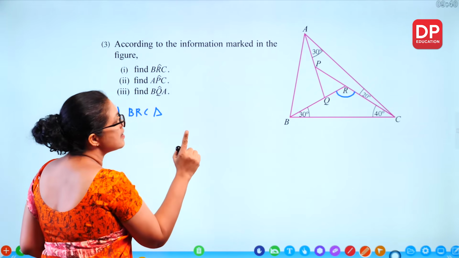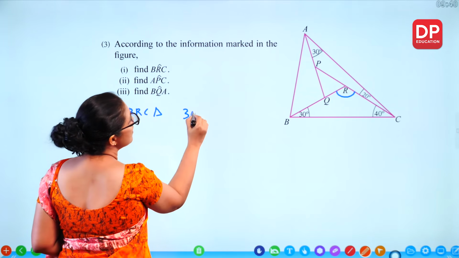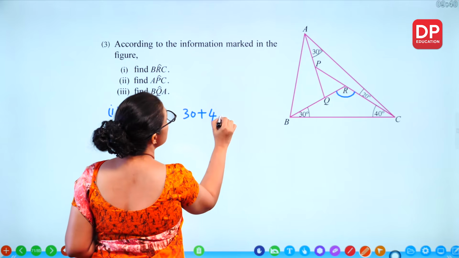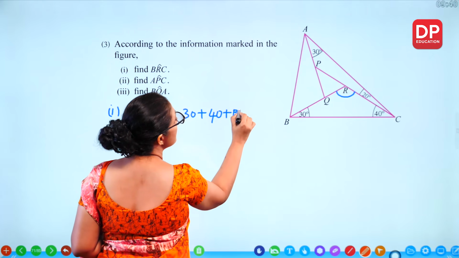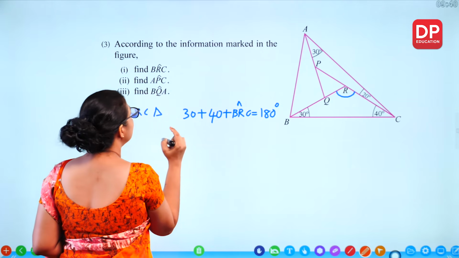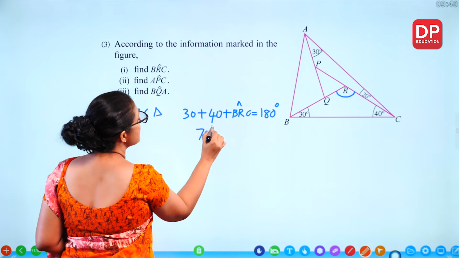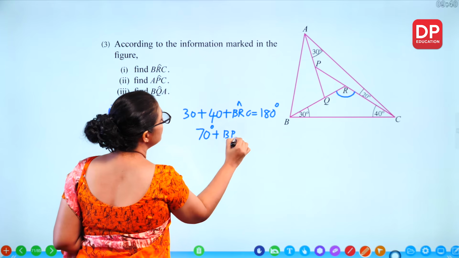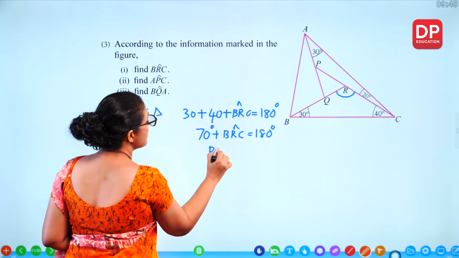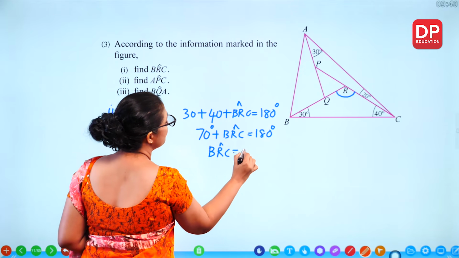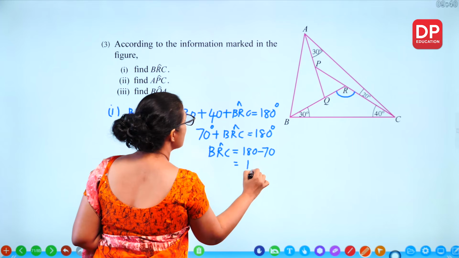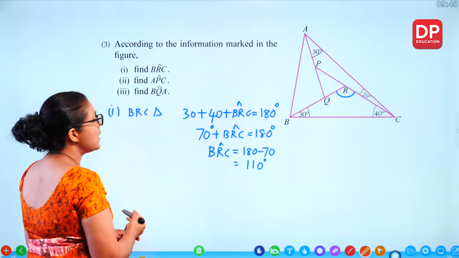In the BRC triangle, the sum of angles is equal to 180. 30 plus 40 plus BRC angle is 180. 70 plus BRC angle is 180. Subtract 70, you get 110 degrees for BRC angle.